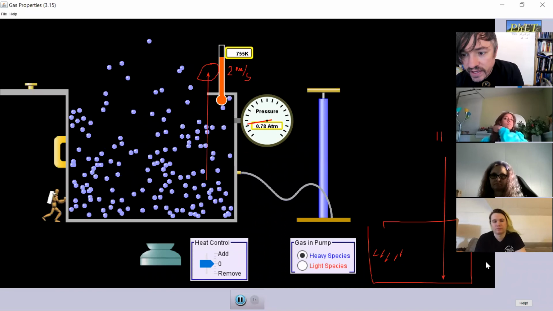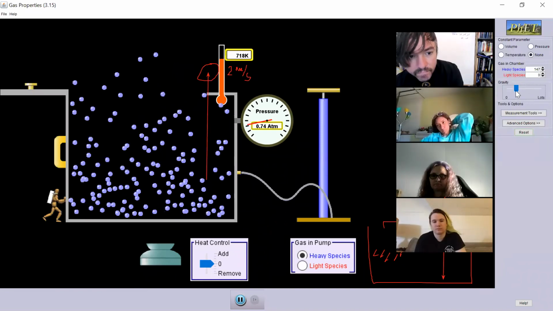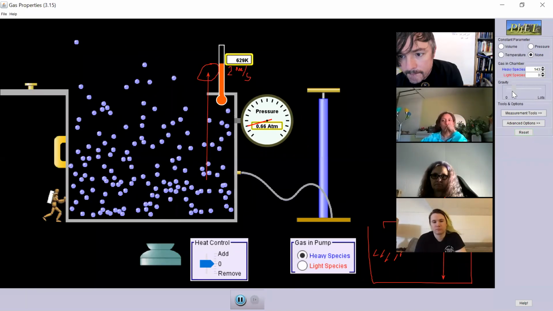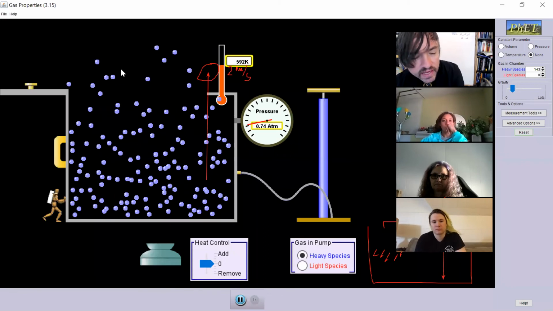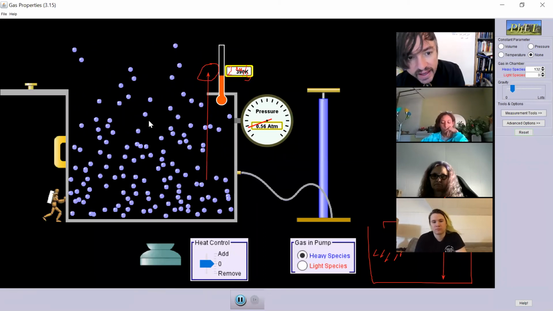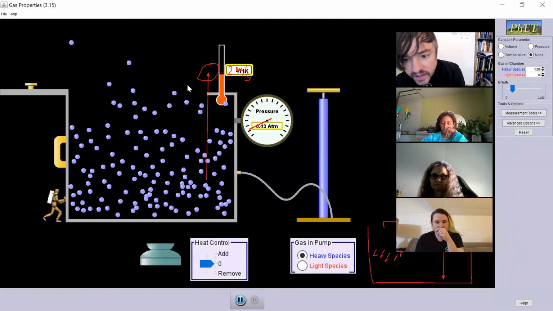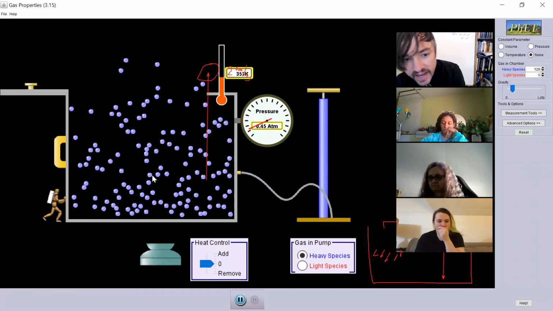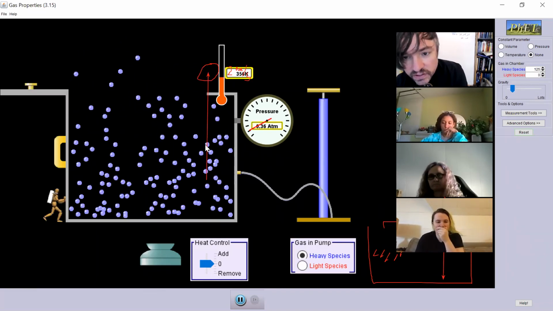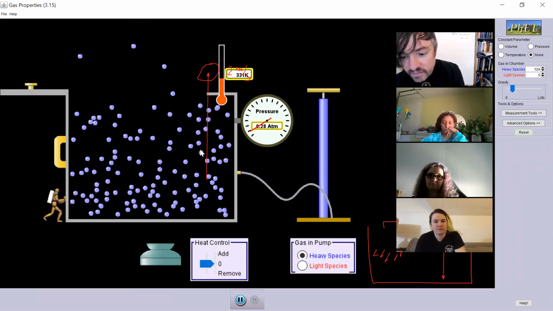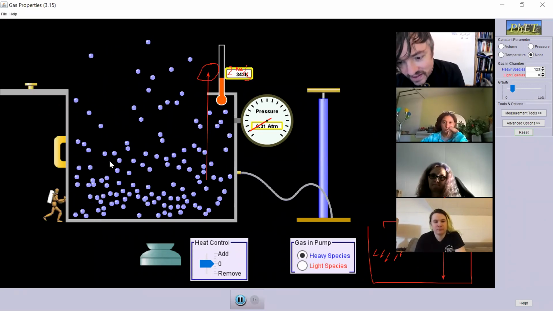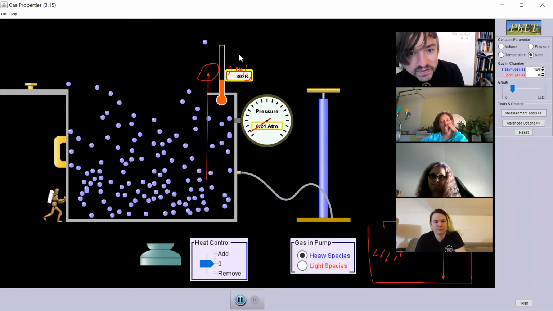I'll reduce the gravity even more. And you can see that some of the particles are actually getting kicked off into space because those particles are in the high-speed tail. By the way, these gas particles are obeying a Maxwell-Boltzmann distribution. That's what's so cool about this: you can see the Maxwell-Boltzmann distribution in action.